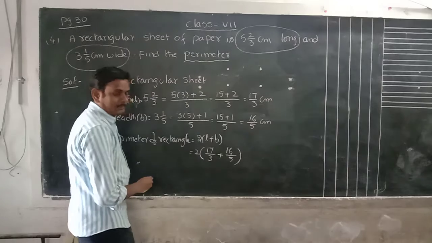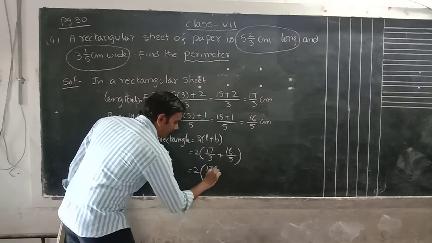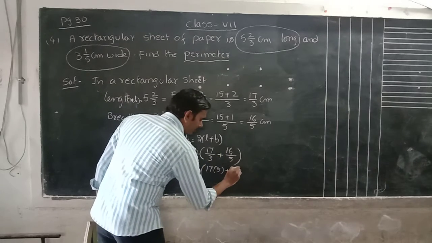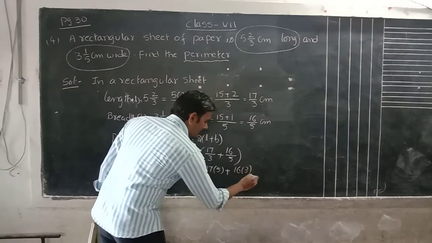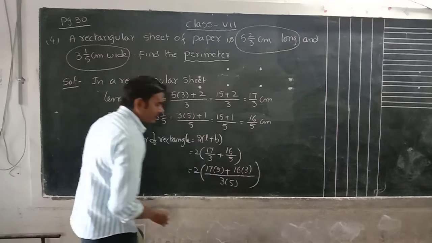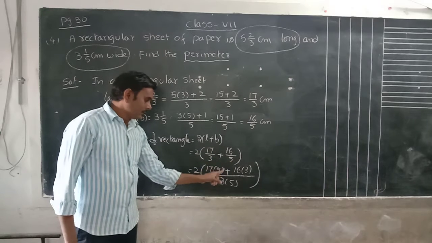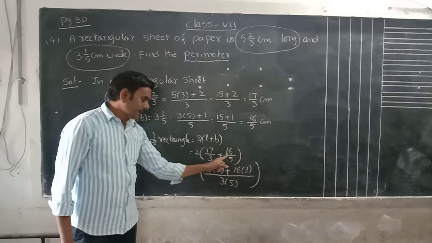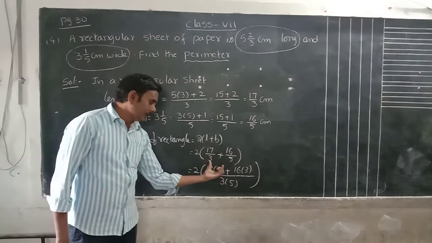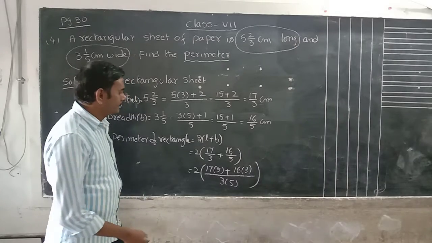Now take the cross multiplication: 2 times (17 into 5 plus 16 into 3) whole divided by 3 multiply 5. Already we discussed cross multiplication. Now we will calculate that.